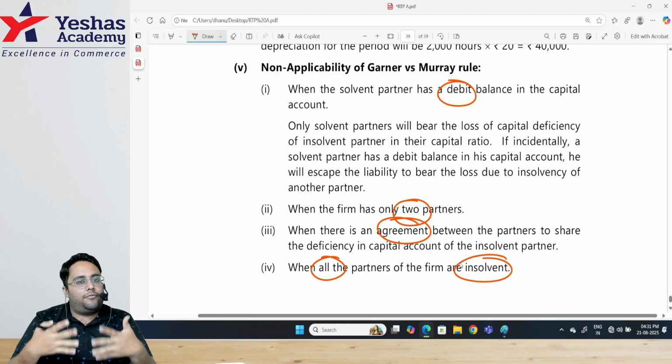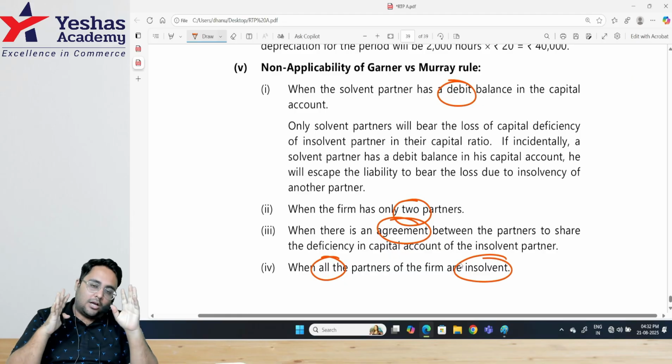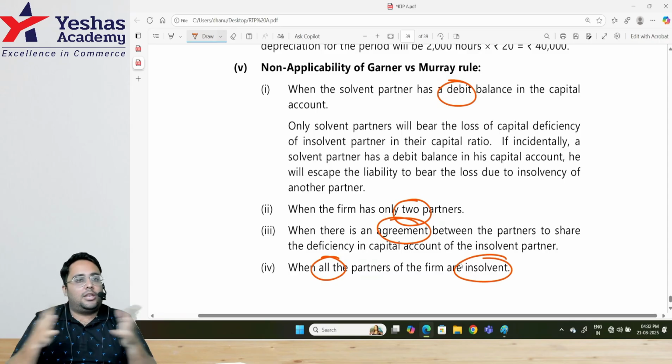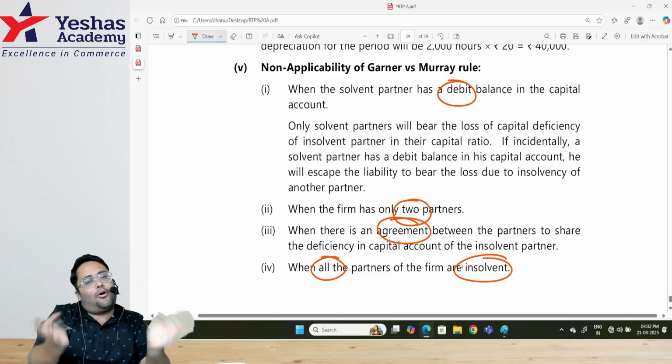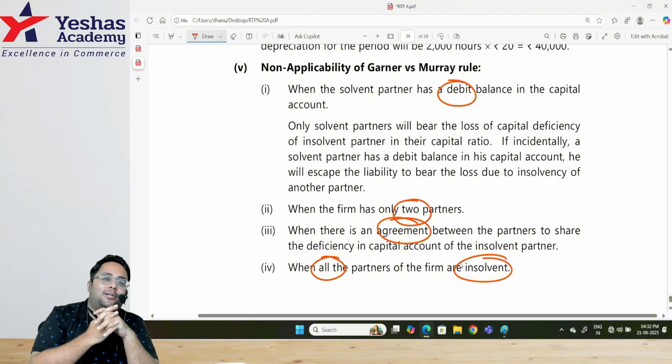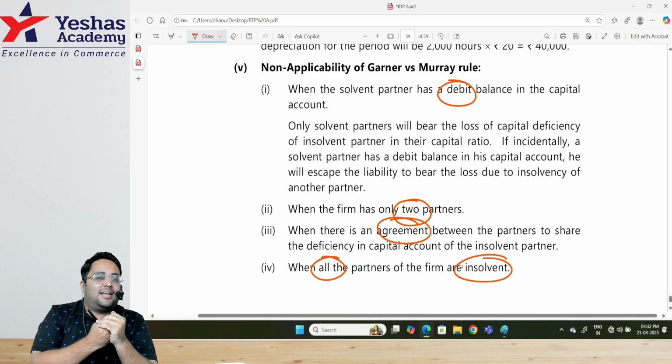All of you getting confident by looking at the questions? But our concepts remain the same. Question will be new in the exam. I really wish you all the best for the exam. Yes, dear. All partners are solvent also, it will not be applicable. All partners are insolvent also, not applicable. All partners are insolvent, who will give the money? Nobody can share the deficiency loss.